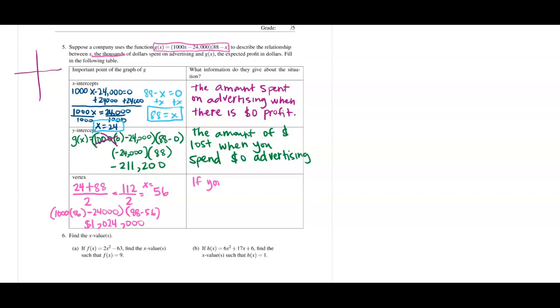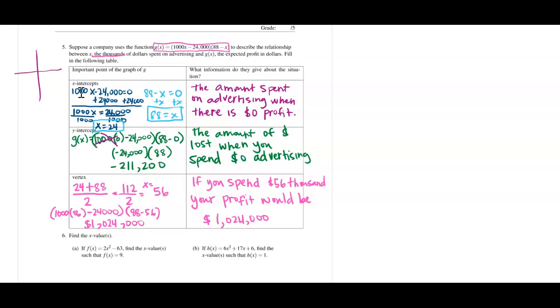So if you spend $56, right, $1,000, right, $56,000, you get a maximum profit, or your profit would be the 1,024,000.